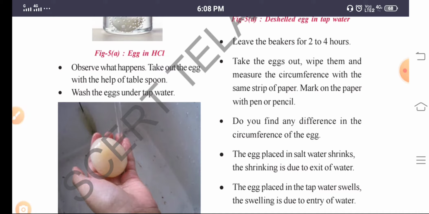After some time, the outer peel, the white colored strong rigid white layer, will be dissolved in the beaker because we added HCl. So let us next take out that egg, and you have to wash it with tap water.